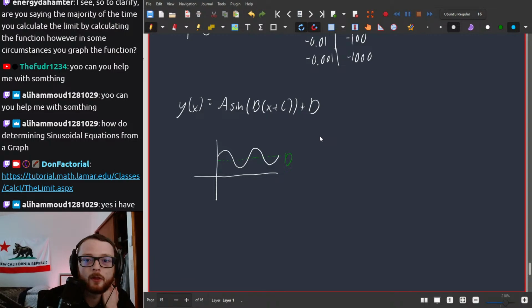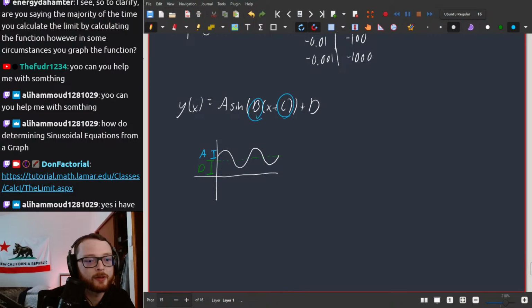So yeah, D is this distance here. A is your amplitude. So you need to measure the distance from your baseline up to the height of the wave, or the baseline to the bottom of the wave. It should be the same. So that's your A. That's a quick way to get the two constants just from the graph, just checking those two distances.